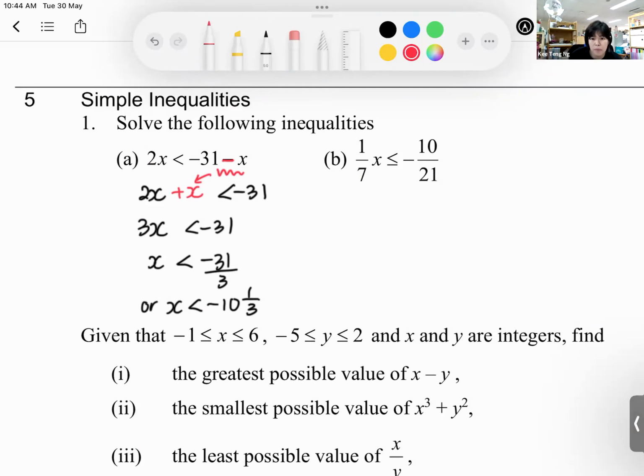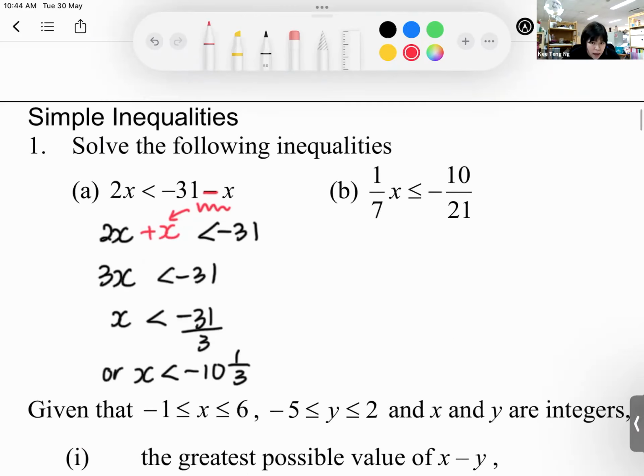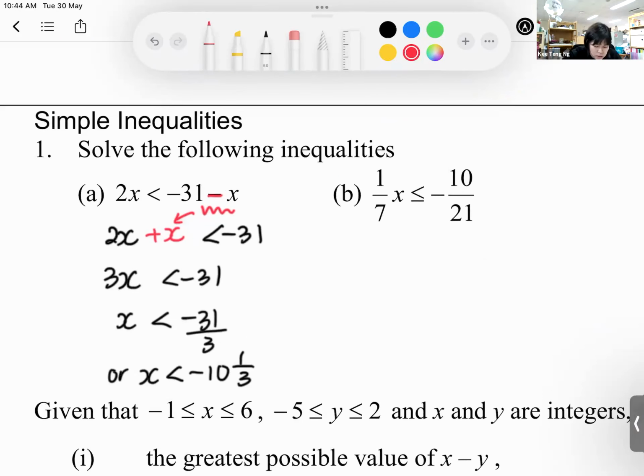Then what about part B? Okay, for inequalities, we can cross multiply, but rule number one, if you want to do cross multiplication, you only multiply the denominator, shift the denominator up and across.